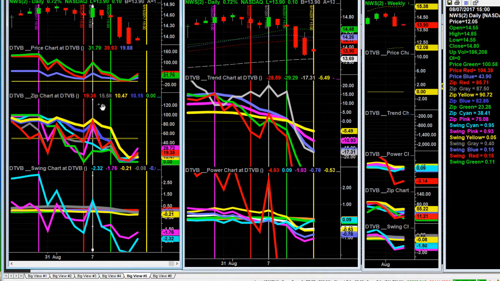And on the day after the vertical green line day, excuse me, I said that wrong. On the day before the vertical green line day, zip yellow is at 76 and zip blue is at 50. So they were 8 points apart on the gray vertical line day, and the next day they were 28 points apart.